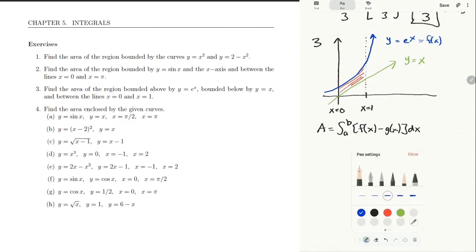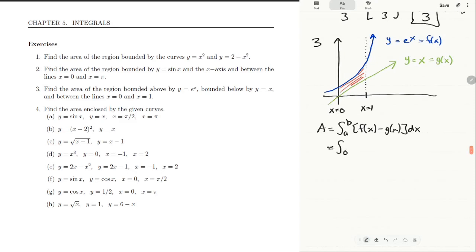And the lower function is the line y equals x. And so that is what we will call g of x. And we're going to integrate between 0 and 1. So the area is given as the integral from 0 to 1 of e to the x minus x dx.